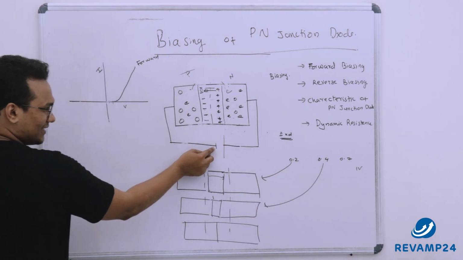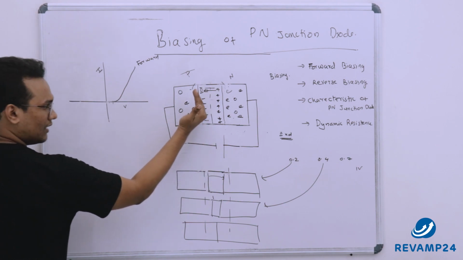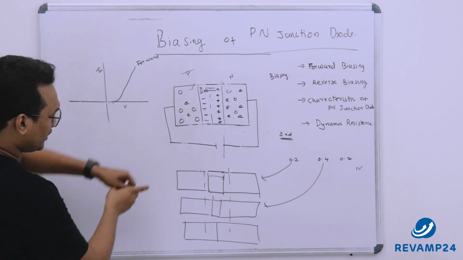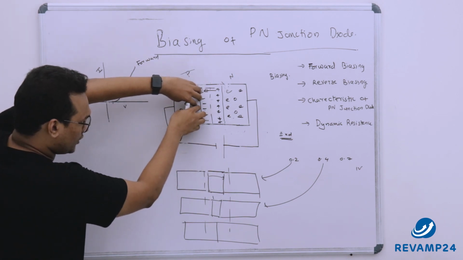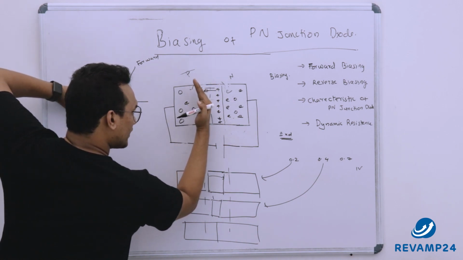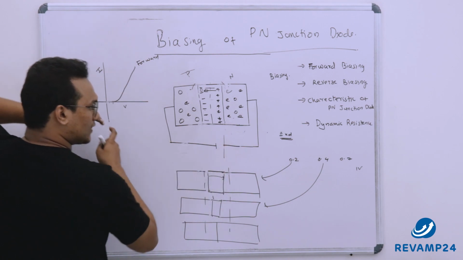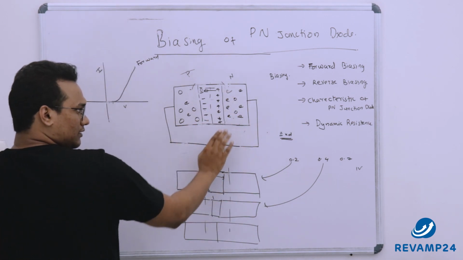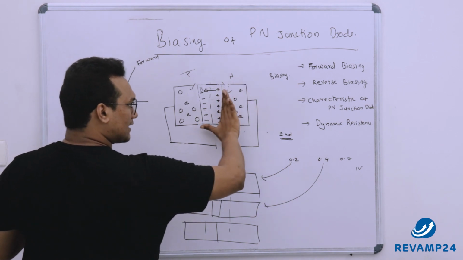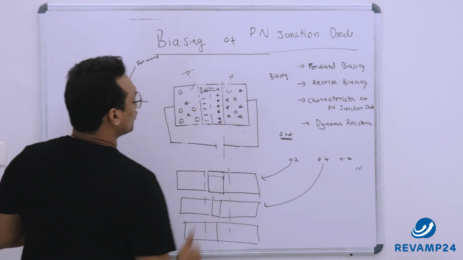Now see, this negative terminal would attract these holes in this direction, right? So this negative terminal will try to get these holes. So this depletion region border will move to this side, and at the same time this positive terminal would give a potential such that it needs the electrons from the N type, which means that this border will move outward.